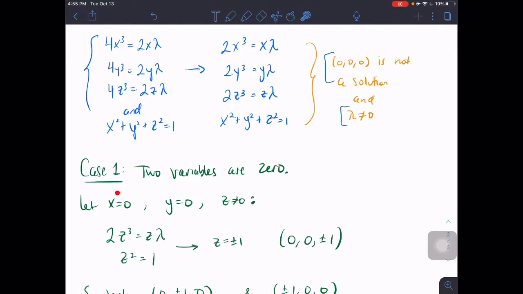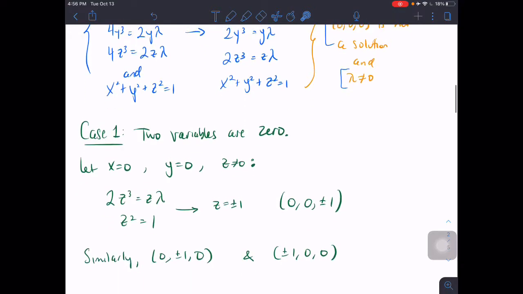And if we assume x and y are 0, this system becomes this system, which concludes that one of the points that I want to consider is the point 0, 0, plus or minus 1. Okay, this will be one of the points that I want to consider.